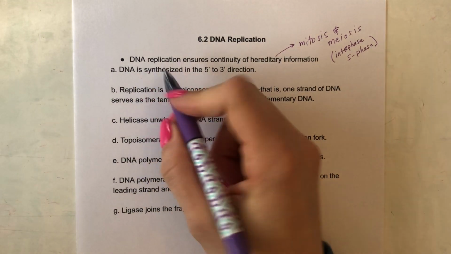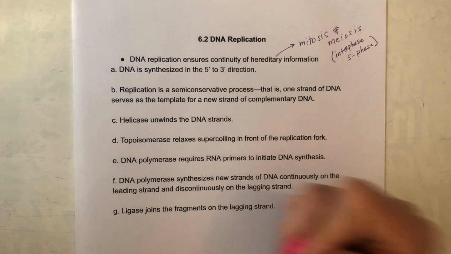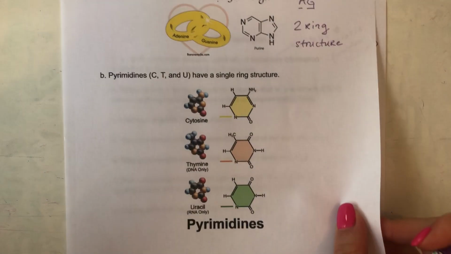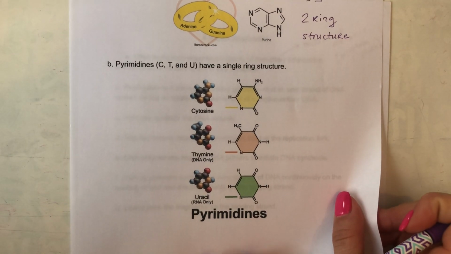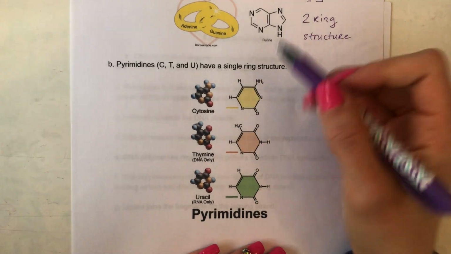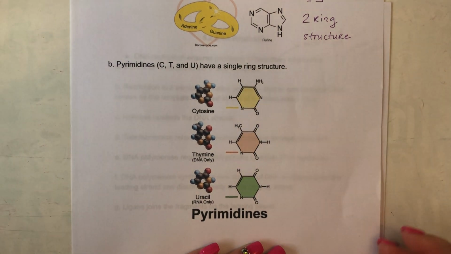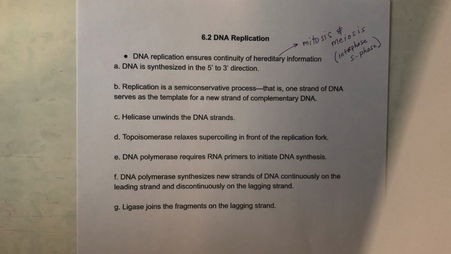When we're making DNA, we're synthesizing in a 5-to-3 direction. Now remember, they were talking about specifically the deoxyribose on the DNA structure of the nucleotide. You can count these carbons, and the direction that the carbons are counted, that's specifically what they're talking about.